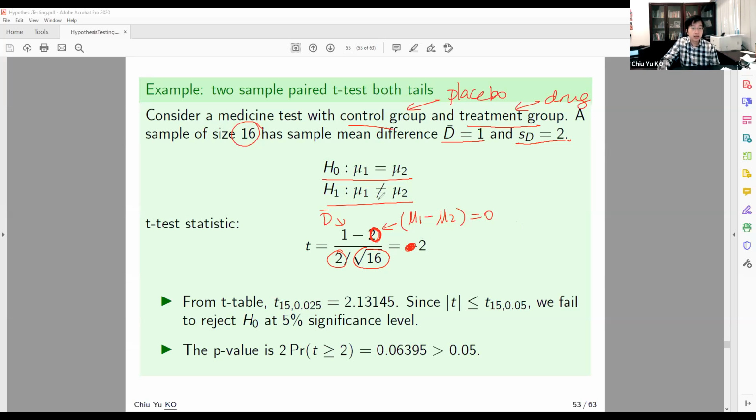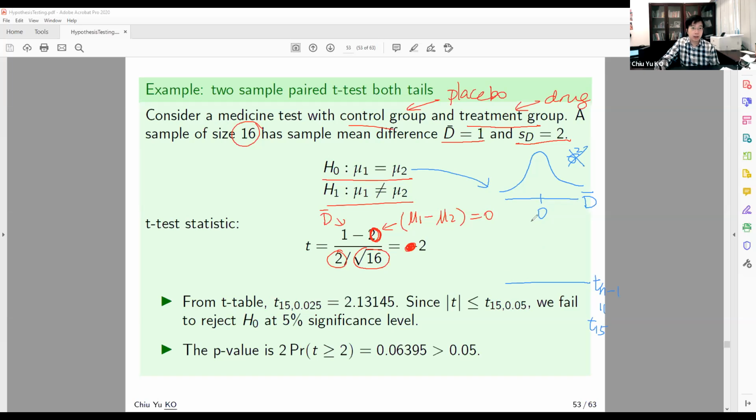So basically, again, to repeat, we have D bar. According to the null, this should be 0, and this is normal, but we don't know the variance, so we use T with n minus 1, which is T15.